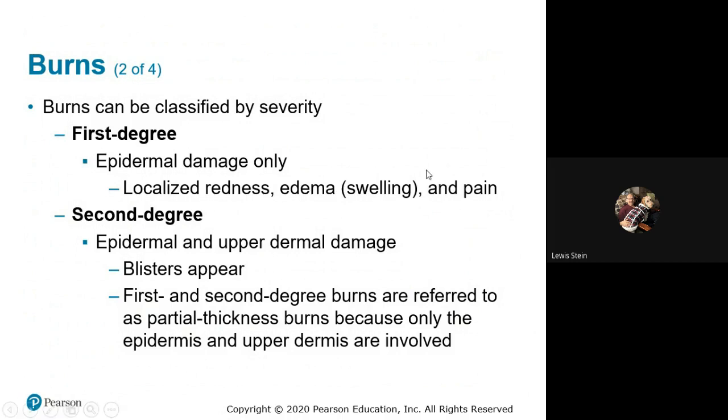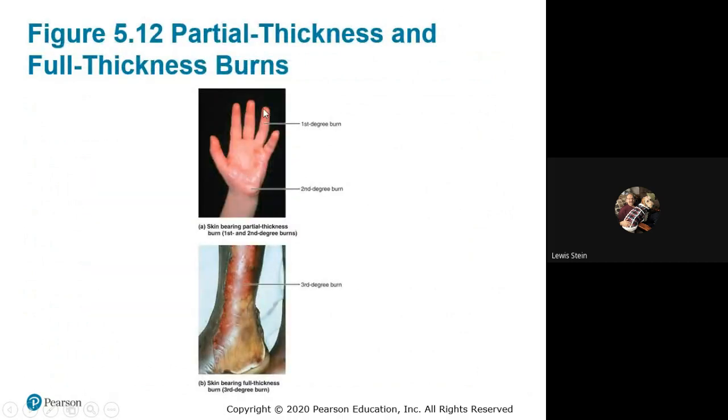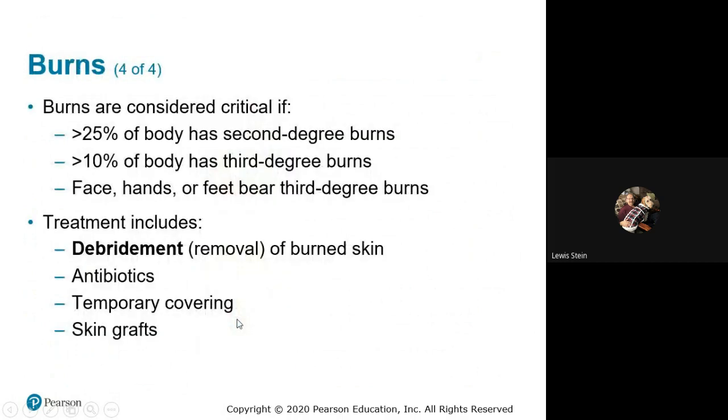Okay. Give you an idea. So blisters versus the full thickness, I'll show you all these. Fingertips, now you see the blistering. Partial thickness, first and second, is the part. Full thickness means you're into the deep dermis. Fat begins to basically melt, if you want to think of it that way. Tremendous loss of function.